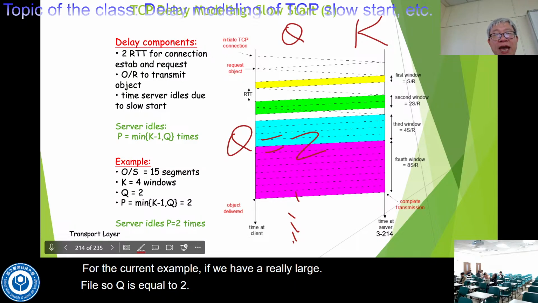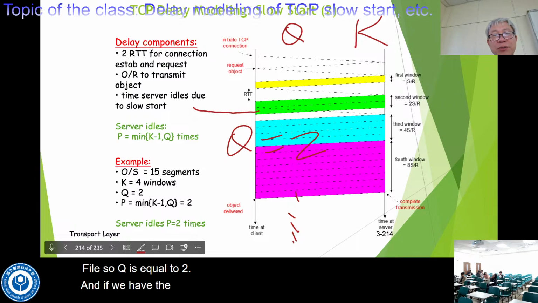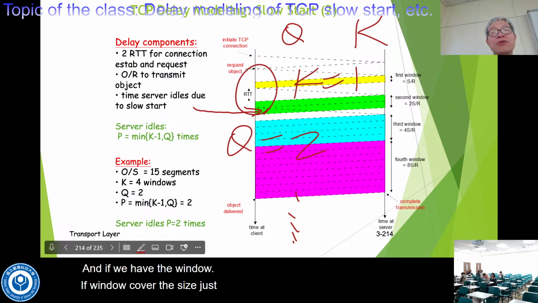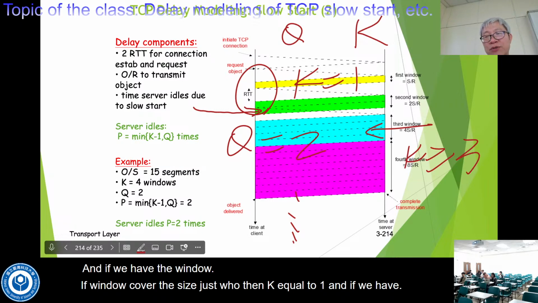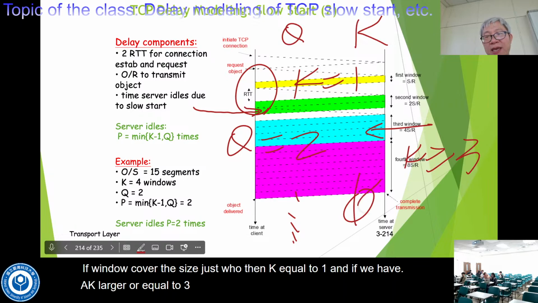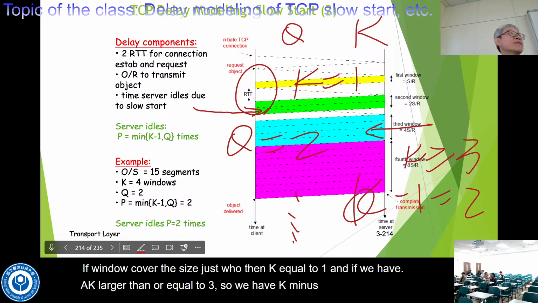And if a window covers the size of just 2, then K equals 1. And if we have K larger than or equal to 3, then K minus 1 equals 2.